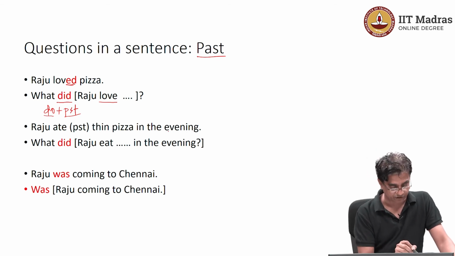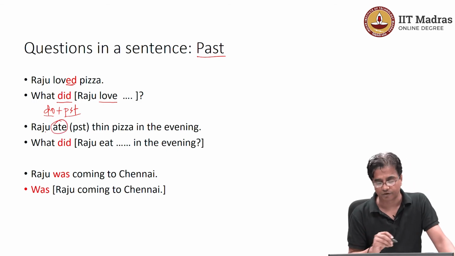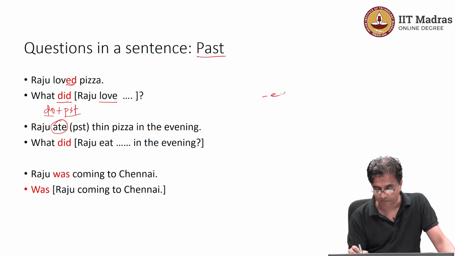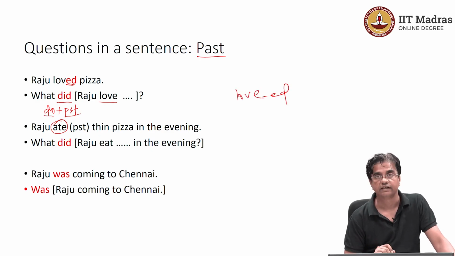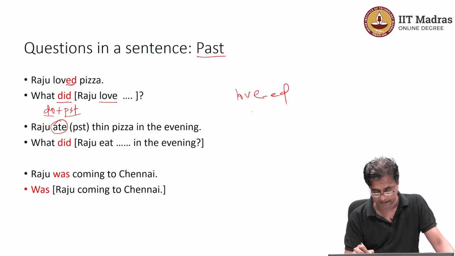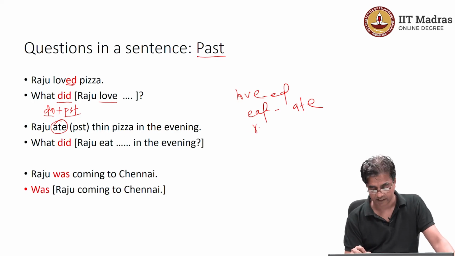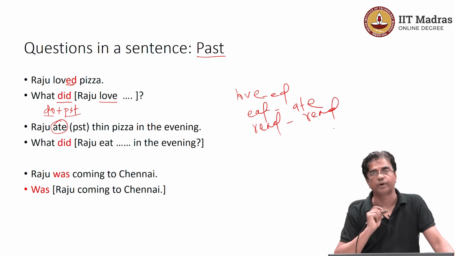Now look at this verb, ate. It's different from the ed type of verbs when we had loved. This is a verb which has its own past tense form, like eat has the past tense form ate, and sometimes you are going to see verbs like read has the same word in past tense.